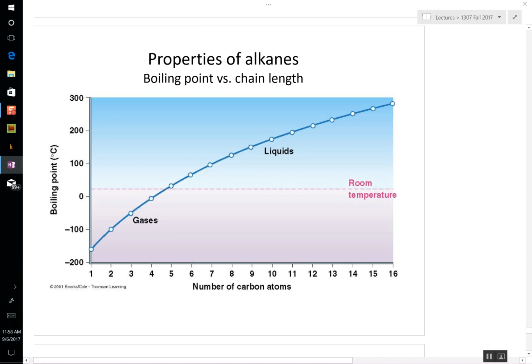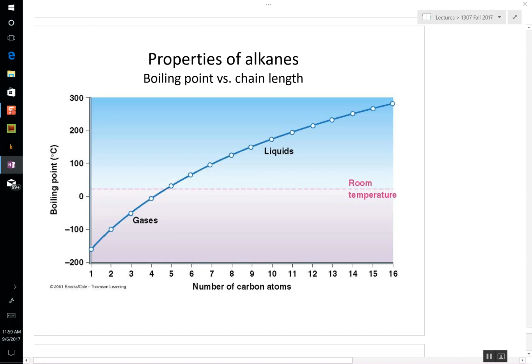Likewise, it takes more energy to get this is decane. This is the number of carbon atoms. There's methane, ethane, propane, butane, decane. So decane has a boiling point of like 200 degrees centigrade. If the boiling point is below room temperature, that means before you get to room temperature, it's boiling.